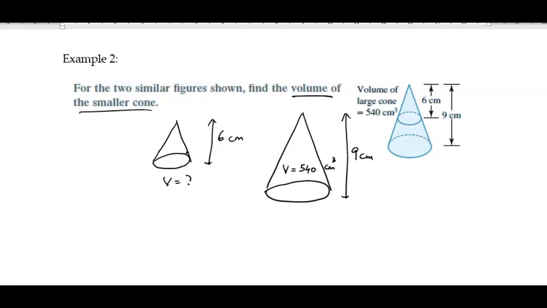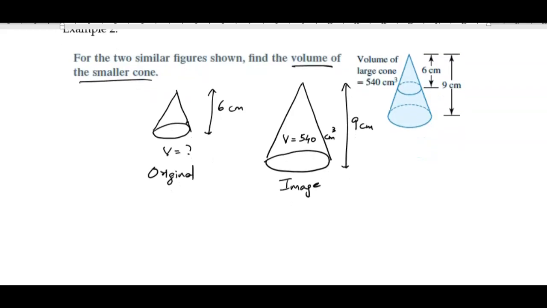So I have some pieces of information given to me. What I can see straight away is I have the lengths of both the shapes. So with the two lengths, what can we find? We can find the length scale factor. I'm going to call the first one the original, and the second one the image.